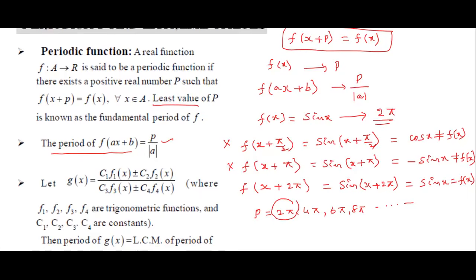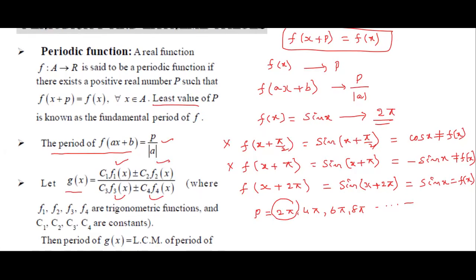First, see here, when a single function is given, we do it like this. Now, g of x is one function, in which two functions are in the numerator and two functions are in the denominator. How do we find the period of the original function?